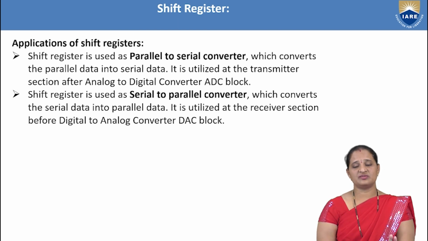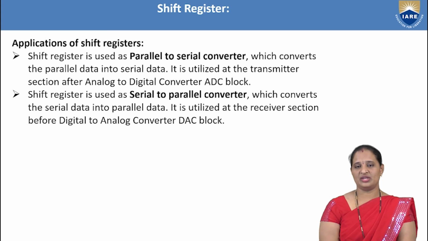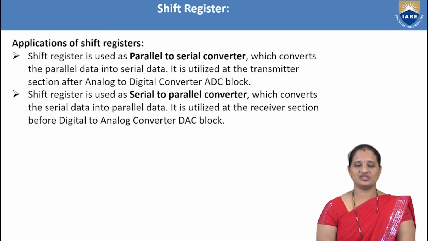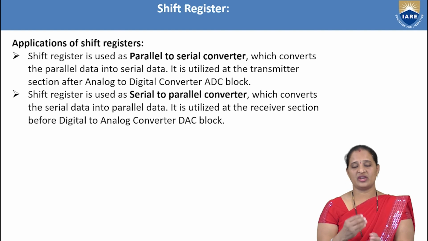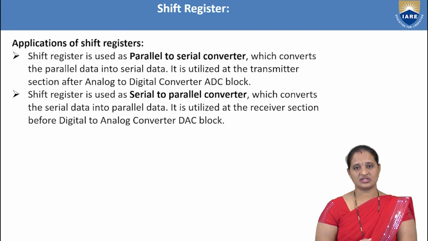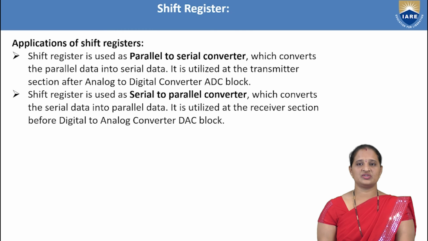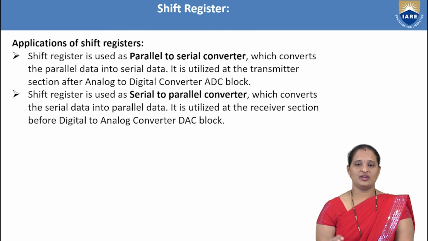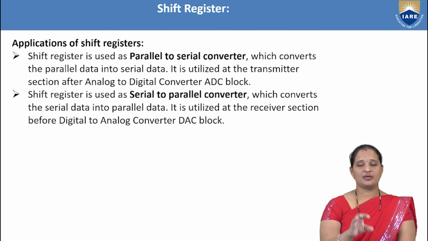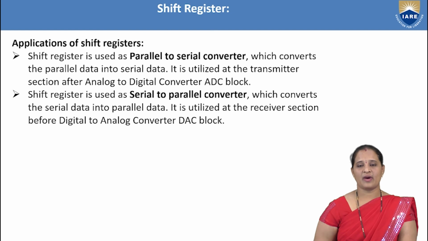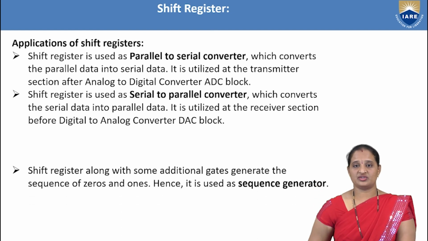This finds more applications in communication at the receiver section while converting the data from digital to analog, the inverse operation of A to D converter. Whenever we need to convert the data from digital to analog, we always use the DAC block. While using this DAC block, we prefer the serial to parallel shift register.